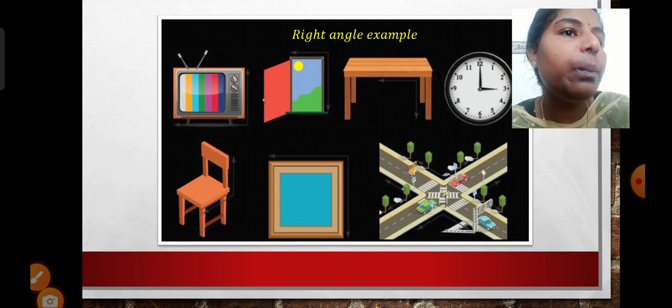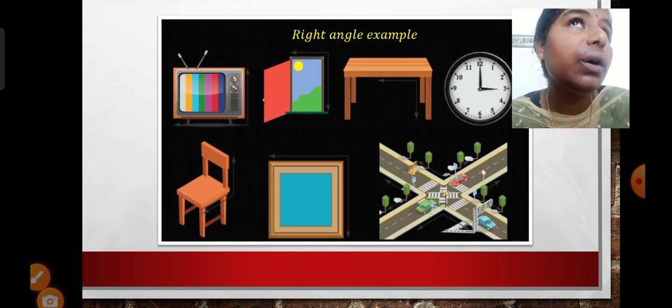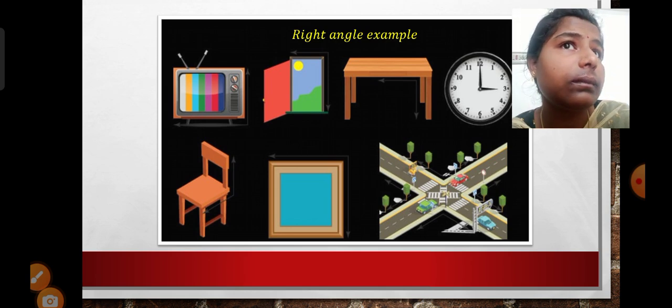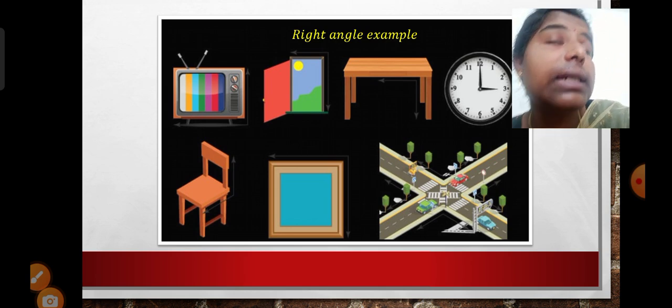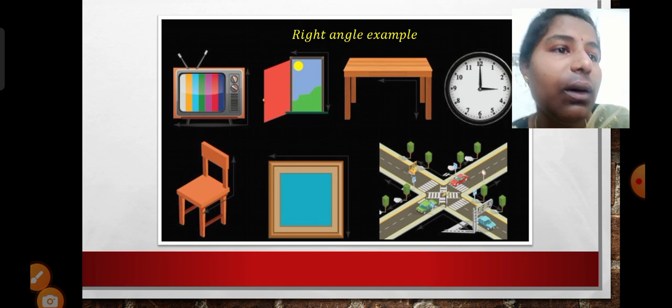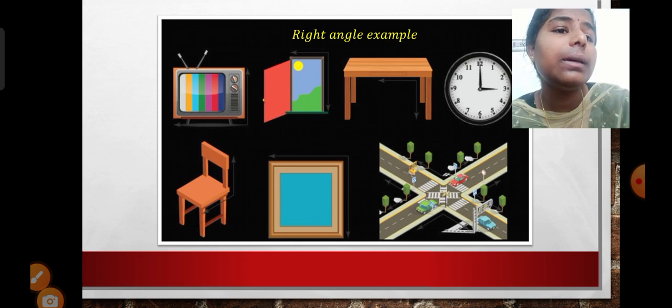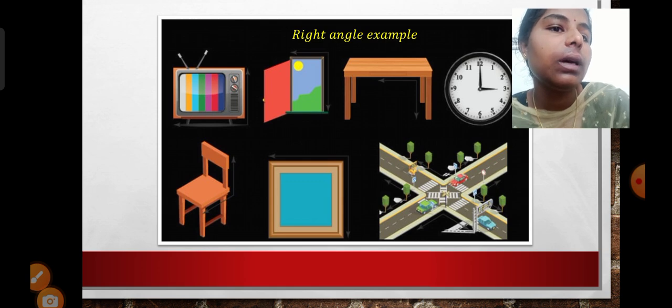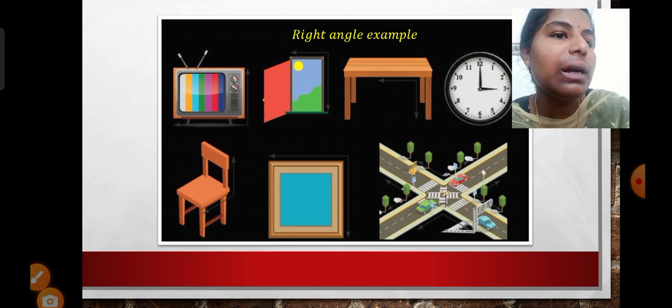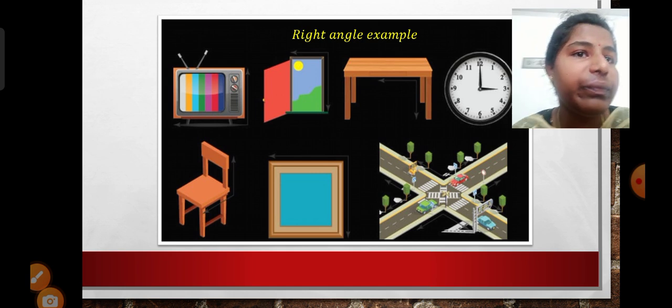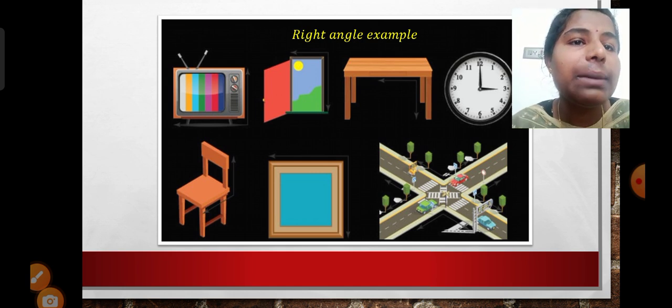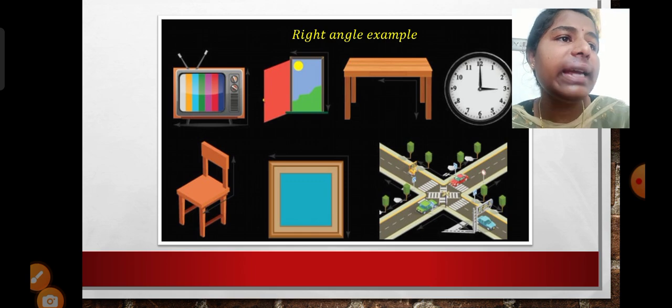If we open a window, that also will be 90 degrees. Many examples are there. If we see a square shape, any two sides you take, one length and one breadth, the measure is 90 degrees. In a chair also. So these are some examples of right angle.